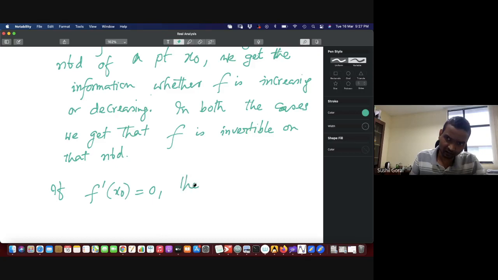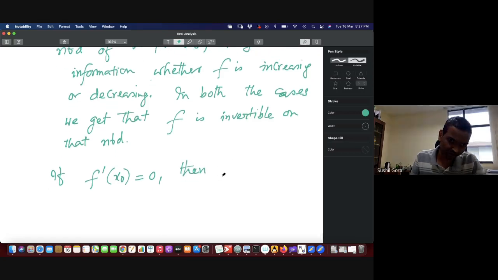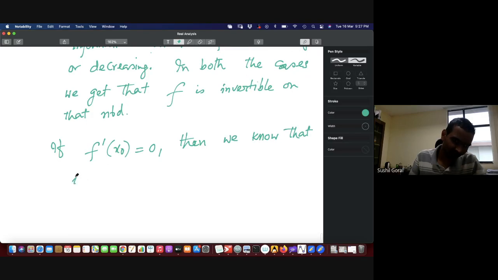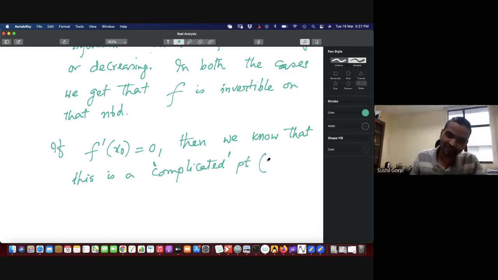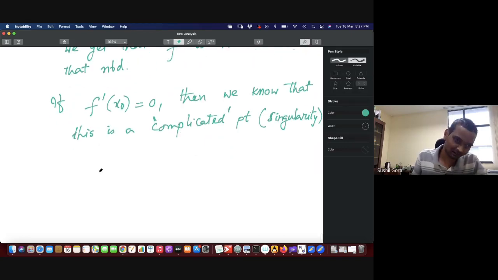If f prime of x naught equals 0, then we know that this is a complicated point, which means the mathematical notion is singularity. Here many things can happen.